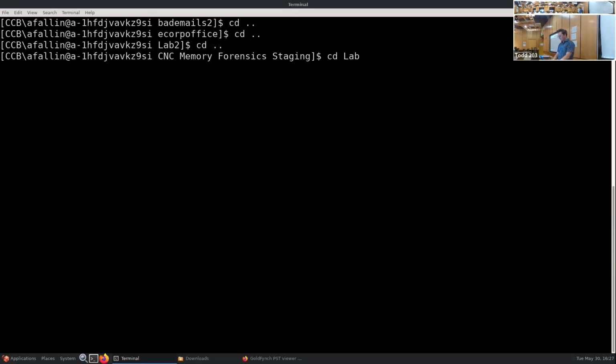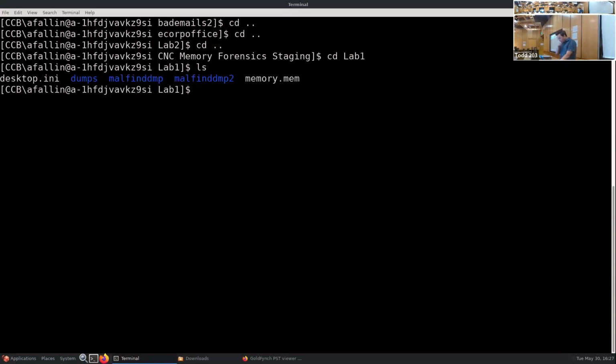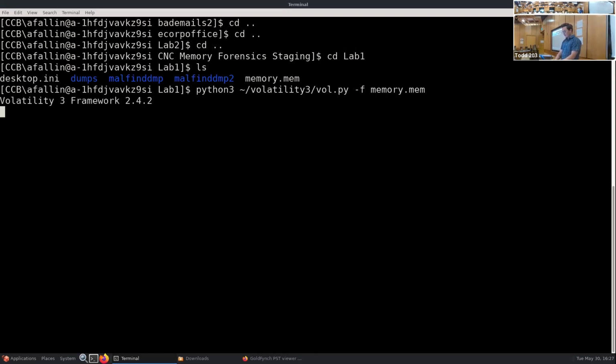We're going to go into lab 1, right? So lab 1, we've got our memory.mem file. If we're going to show the running processes, python3, we did this already, but volatility 3, vol.py, and then we're going to run this on memory.mem.